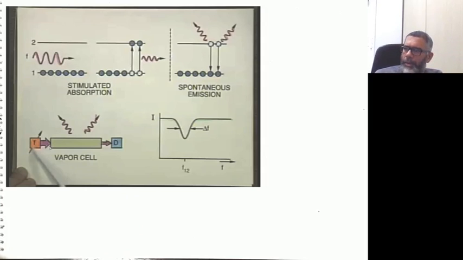So you can observe this process in a vapor cell, where you send some photons whose frequencies you can vary. Okay, you may have some variable wavelength laser or some light source which has many different frequencies that you can control with certain knobs.